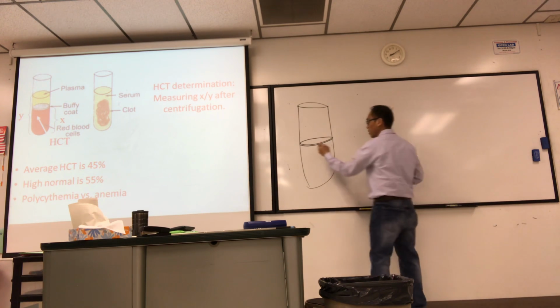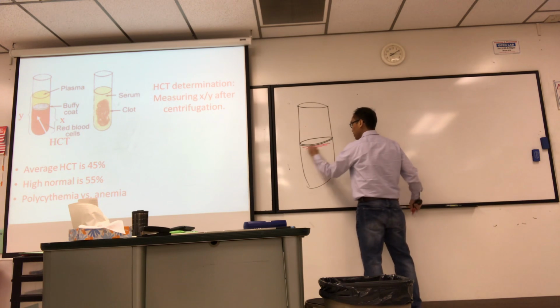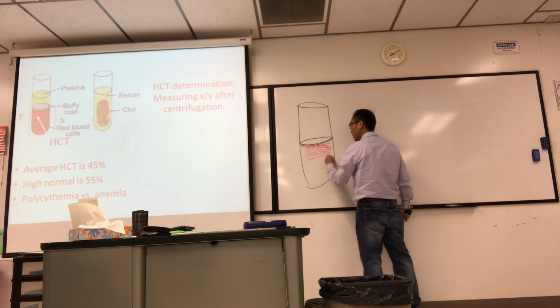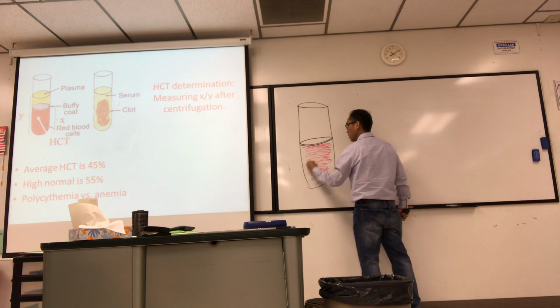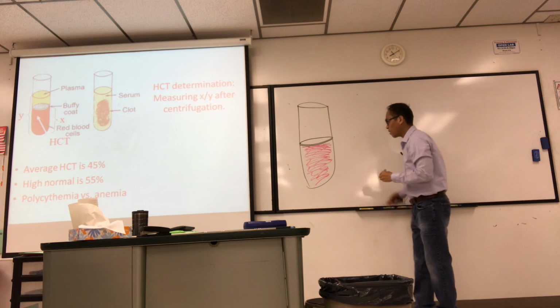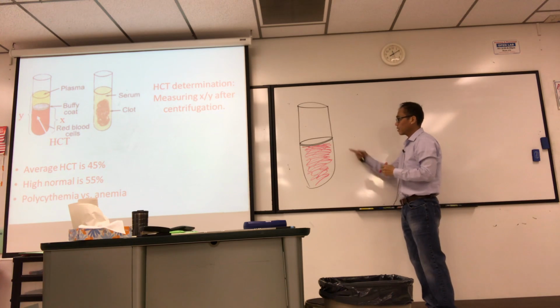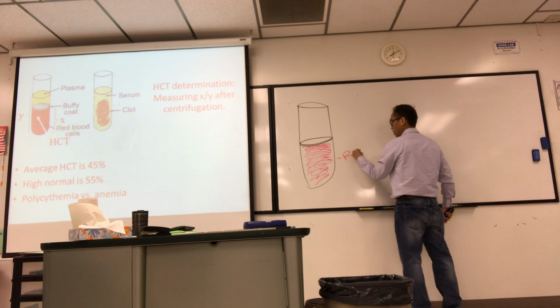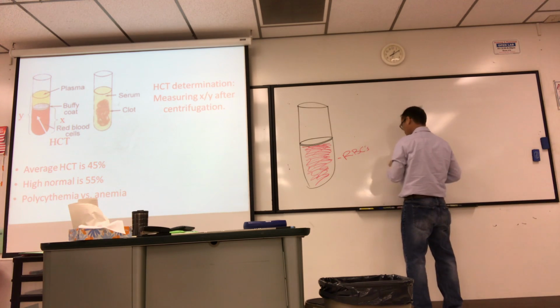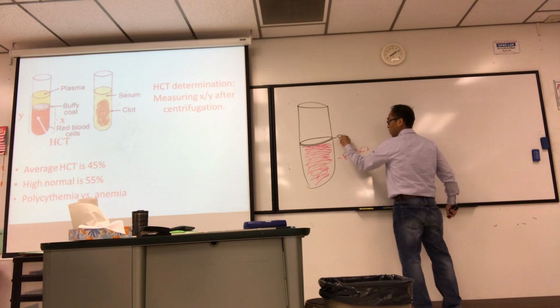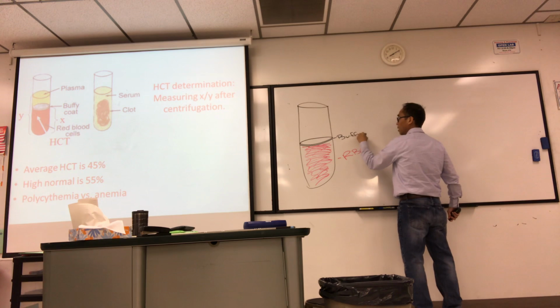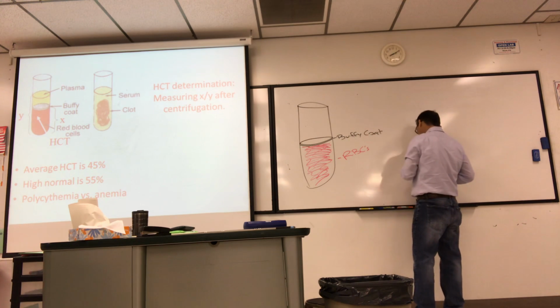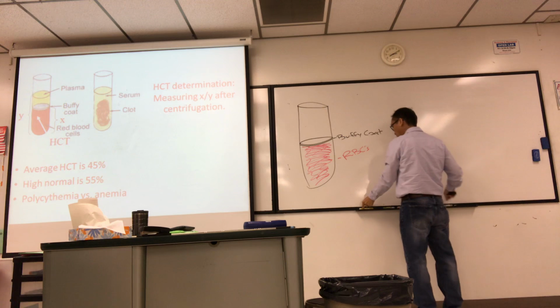When you spin the blood down, all the red stuff on the bottom is the RBCs. And you do have the Buffy coat. On top of the Buffy coat, you've got plasma.